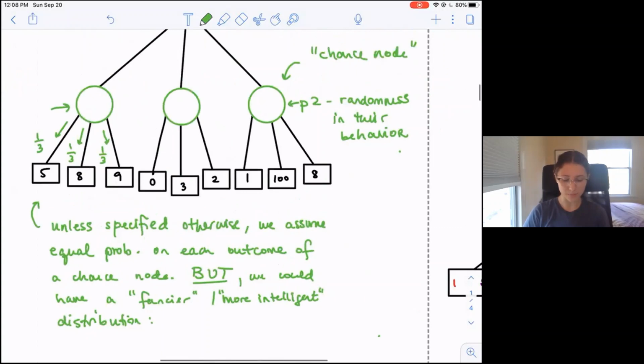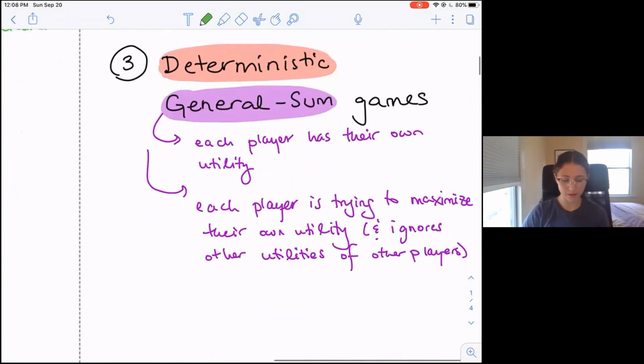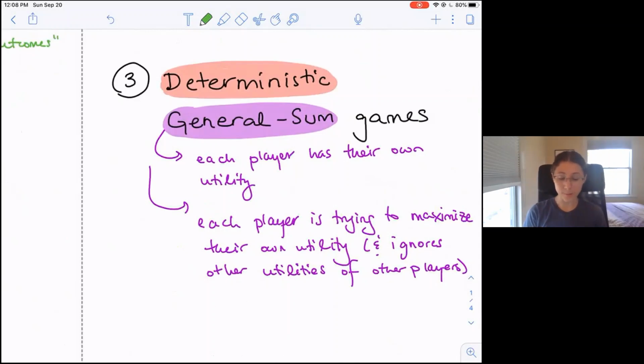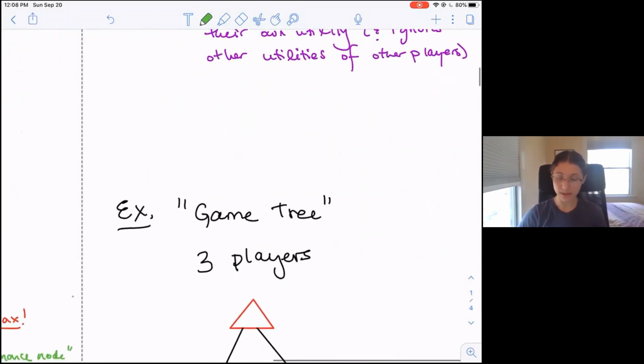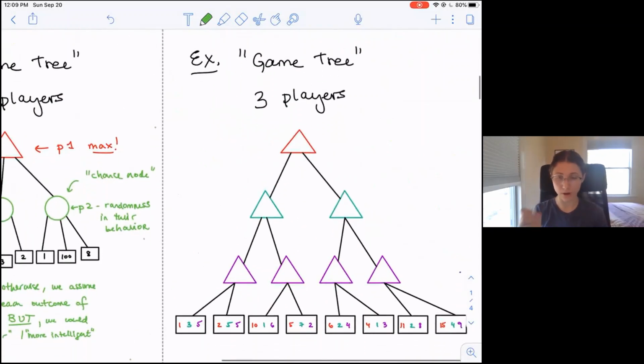Okay, the last type of game tree has to do with our final type of problem of game setup here, which is deterministic general sum game. So the game tree now is going to have 3 players. So it's going to have more of these triangular nodes representing a particular player. And now one thing that we'll notice is that our game tree here always has maxes.